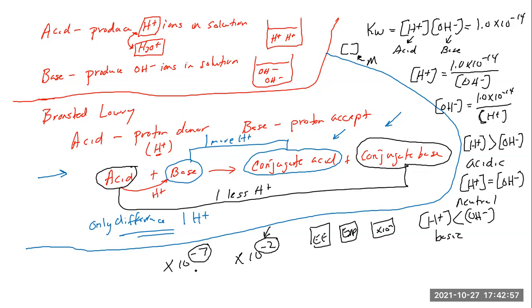Again, the negative is important there. That means we're going 7 places this way and making a much smaller number than only going 2 places this way, which would be a much larger number.